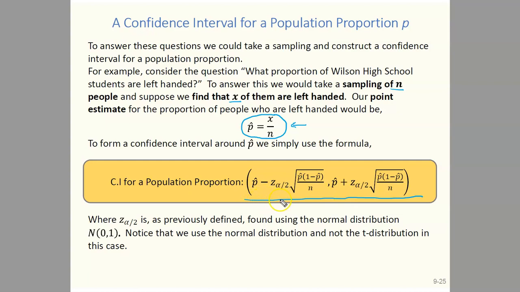Now, we're going to justify this formula later on, but right now we're just going to work with it. This is the formula that you use. Also notice now for population proportion problems, we're back to using z again. We don't use the student t distribution, we use the standard normal distribution to construct our cutoffs z alpha over 2.